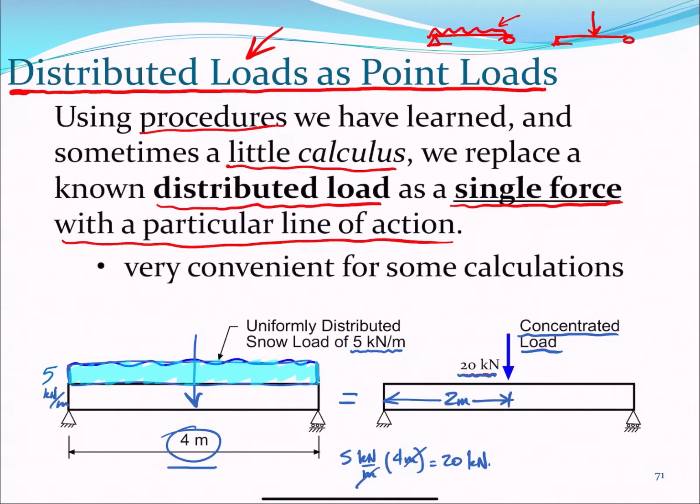Would you place it at 3 meters or at 1 meter? Well, I think most of you would agree with me that if this is a nice rectangle like this, you would place this load at exactly half of the beam.